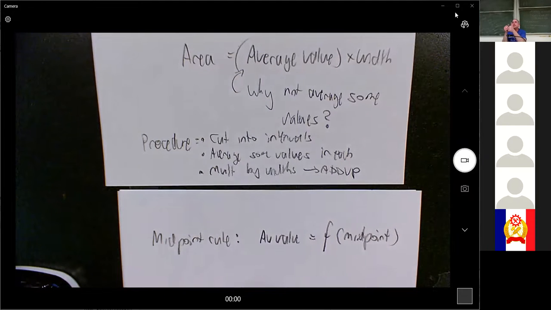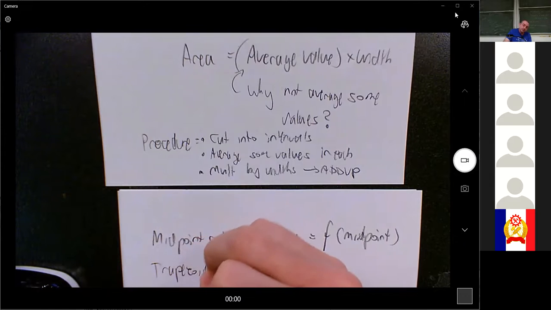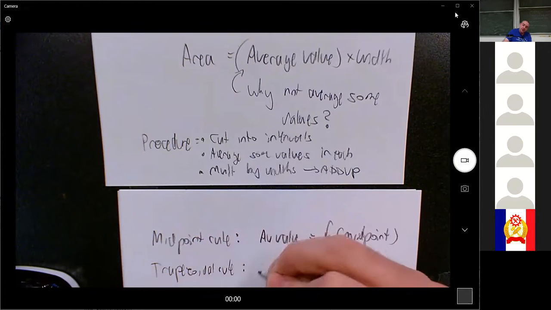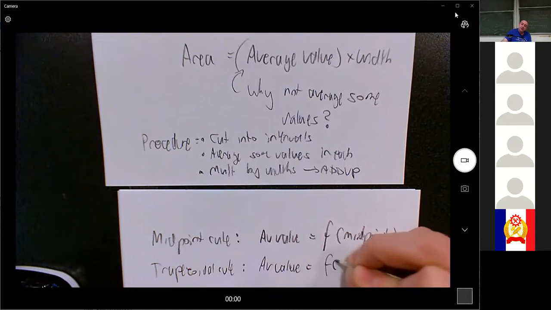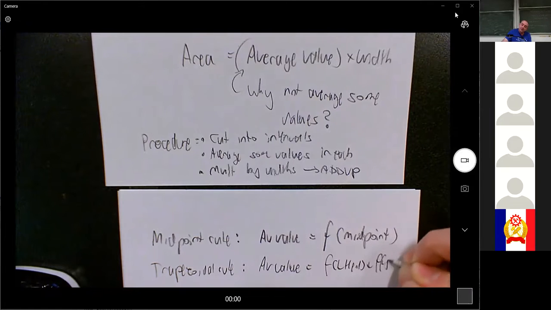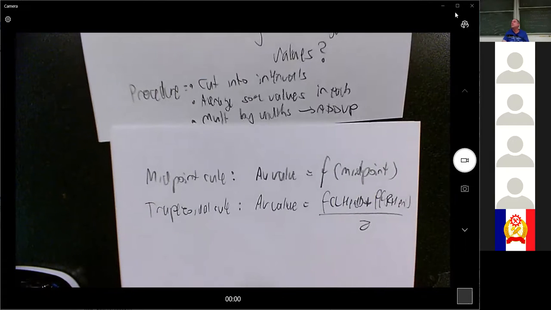It's great. When you do the trapezoidal rule, the average value is the left-hand end and the right-hand end divided by 2. It's literally the average of the left end and the right end.